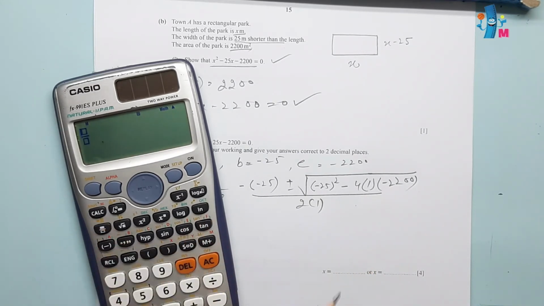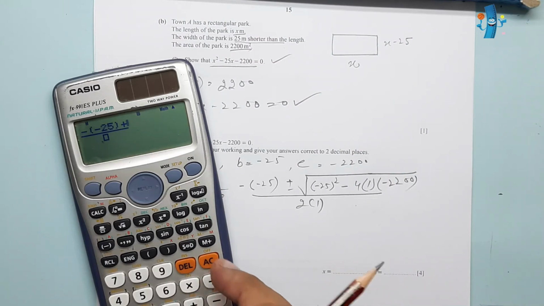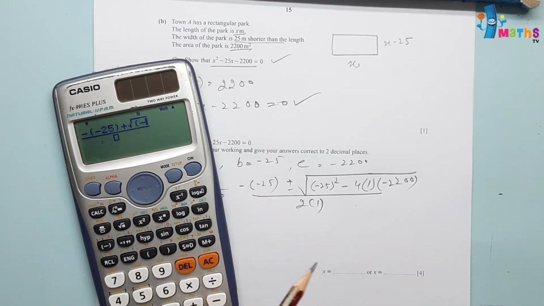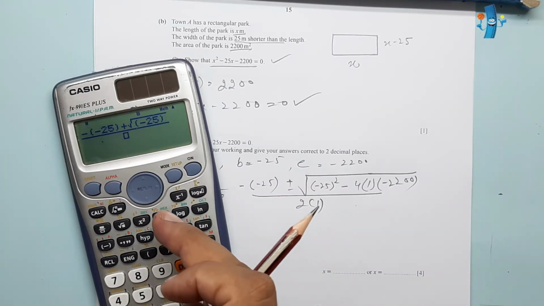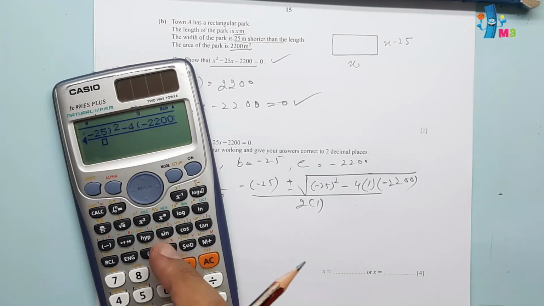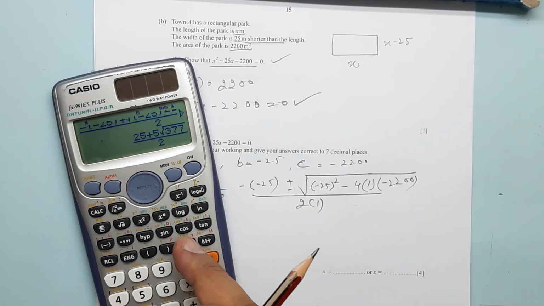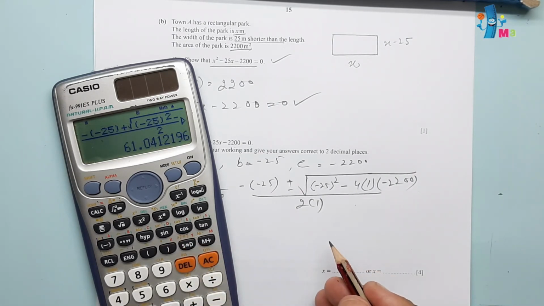Basically, first I'll take the fraction, then I'll start with minus into minus 25 and plus root of minus 25 whole square, minus 4 into minus 2200, and divided by 2 will be equal to 61.